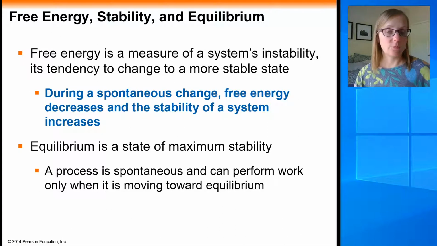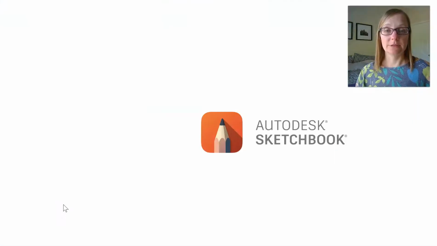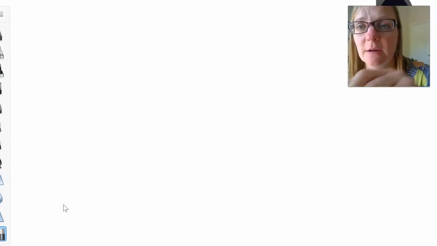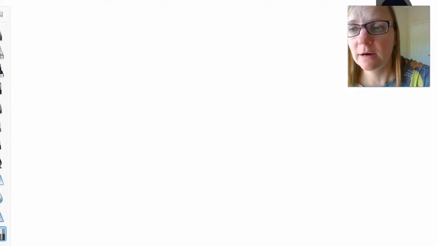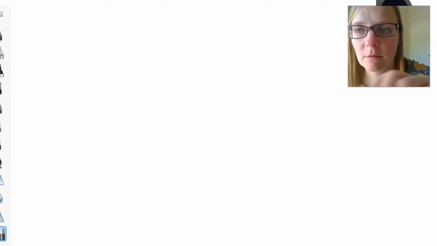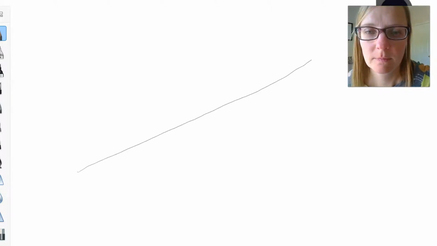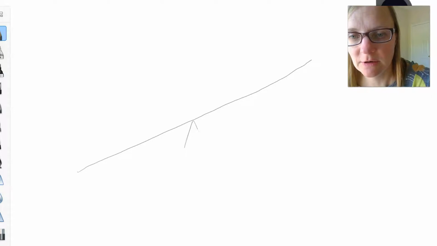So here's where maybe one more time we can bring out our teeter-totter. We brought out the teeter-totter when we were talking about pH. Here's my little teeter-totter.